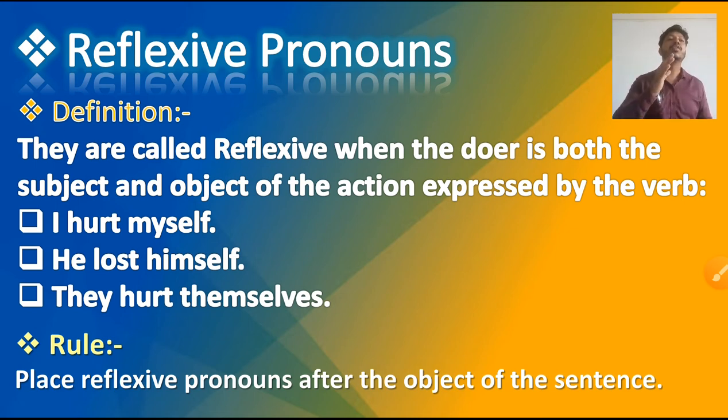So, I hurt myself. Whom did I hurt? Myself. So it is the object and the subject is I. The doer is the subject and the doer is also the object. So in this situation, the object will be a reflexive pronoun. The pronoun we are using here is called a reflexive pronoun.